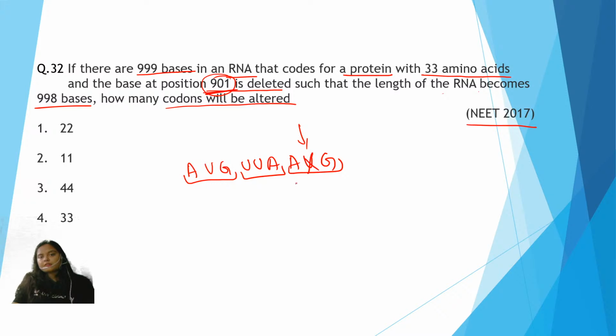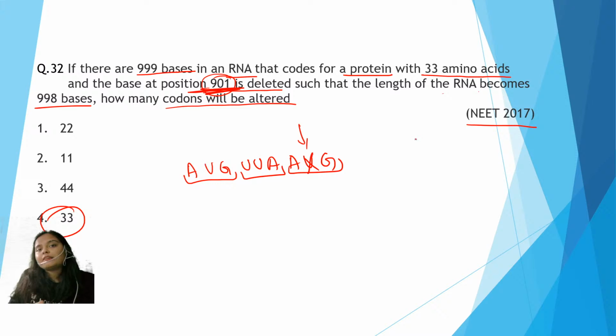But now if we delete this one, the codons will be disturbed. The genetic code will be reread, and different triplets will be formed. So that means the 33 codons will be altered, because of the deletion at base position 901.